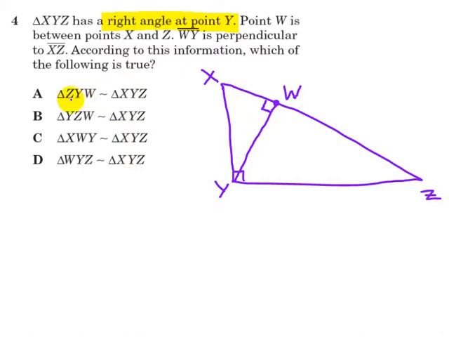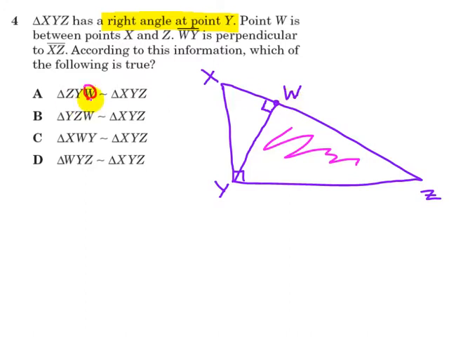So let's just start with the beginning. One thing that I'm going to pay particular attention to is the right angles. ZYW. So that's this side over here. And on ZYW, W is the right angle.